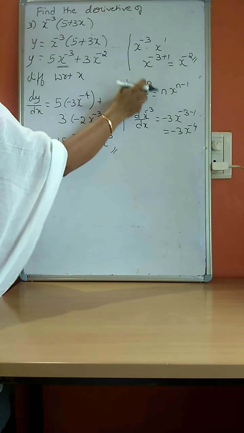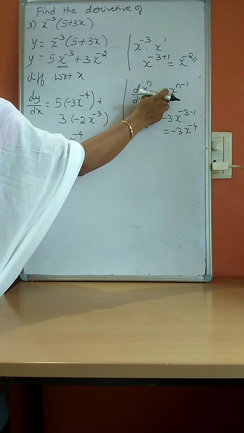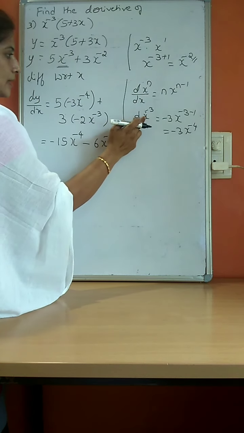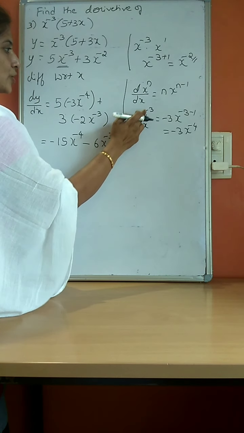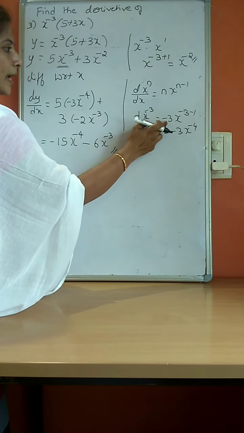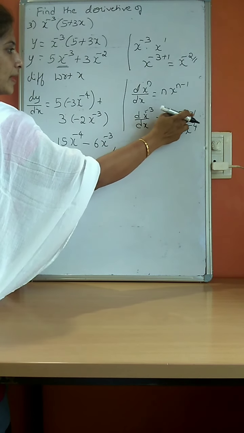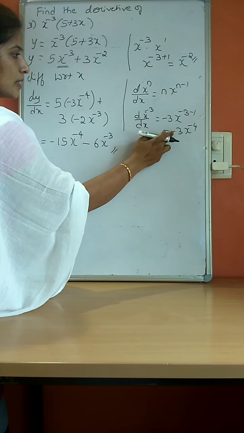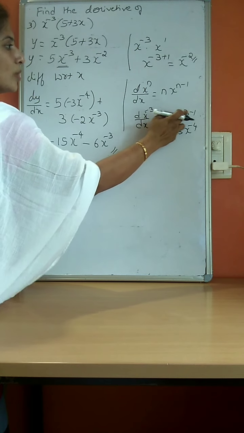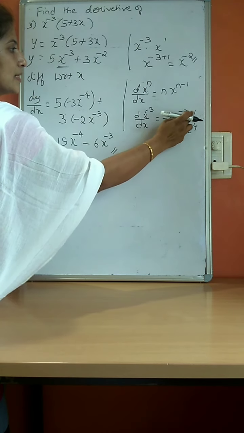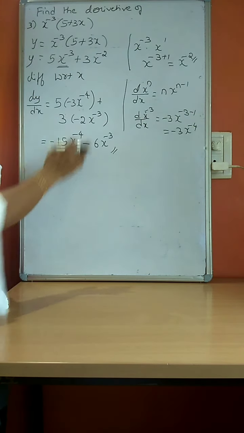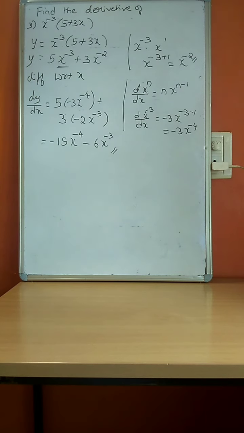Differentiation of x to the power of n is n into x to the power of n minus 1. Similarly, for x to the power of minus 3, negative sign is there, minus 3x, and both are negative, therefore minus 3 minus 1 is minus 4. Do you understand this one?